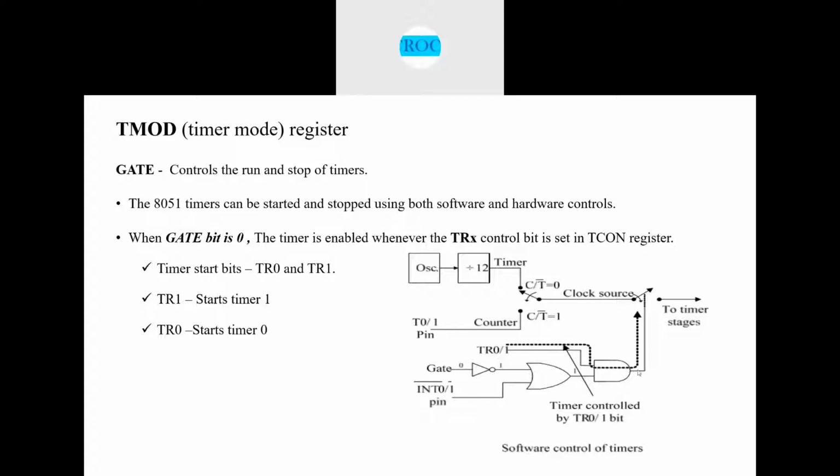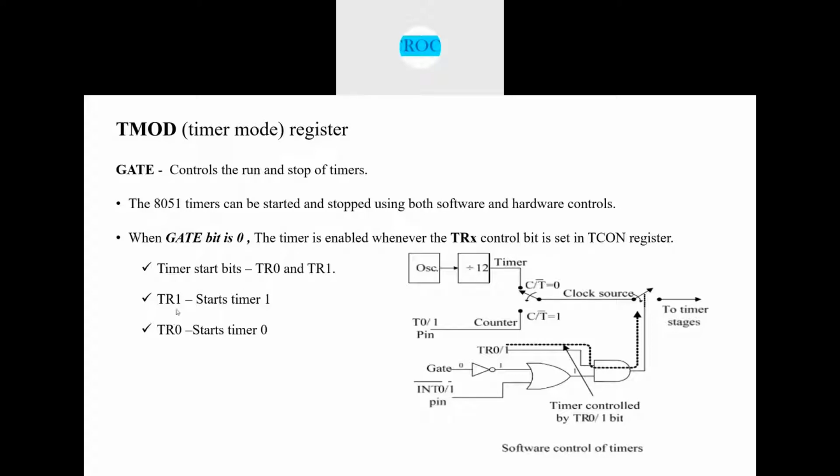Then the switch is connected and the clock pulse is given to the next stage of the timer circuitry. So when the gate is 0, the timer can be controlled with the help of the TR bits.